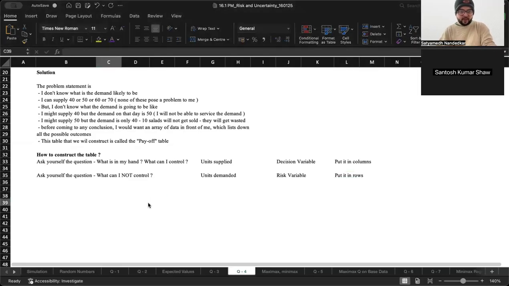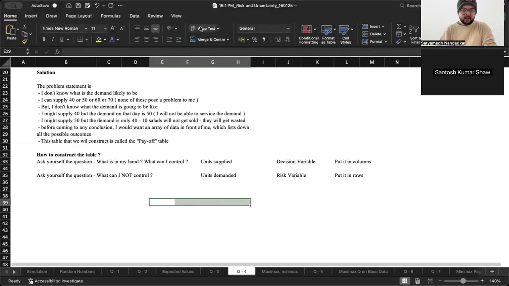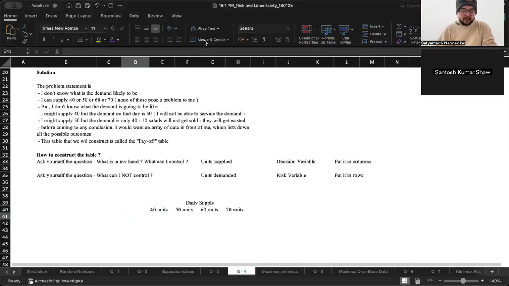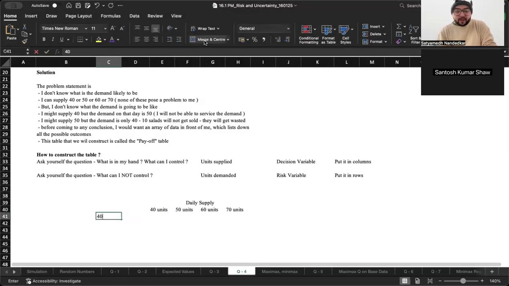ठीक है. तो यहाँ पे different levels of daily supply. ठीक है. What I can control, it will be in the columns. ठीक है. 40 units. Then 50 units. I can supply 50. I can supply 60 and I can also supply 70. This is what I can control. What is the demand here going to be?